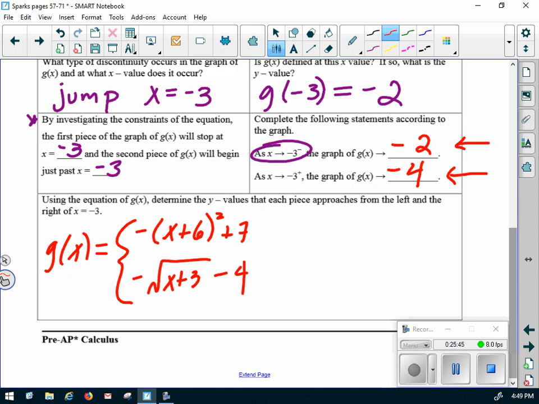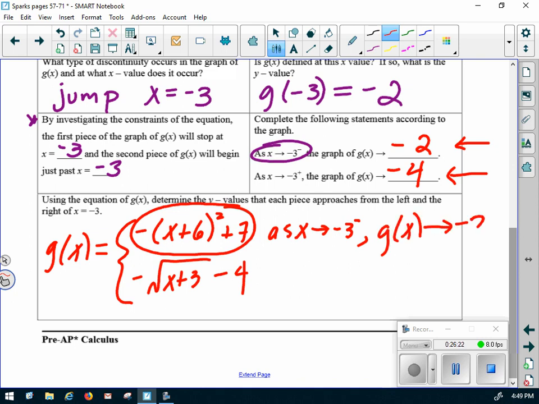As x approaches negative 3 from the left, you're going to use this one because this one has the constraint that has all the x values that are smaller than negative 3. So substitute in negative 3 for x. Negative 3 plus 6 is 3. 3 squared is 9. Opposite of 9 is negative 9. Plus 7 is negative 2. g of x gets closer and closer to negative 2.